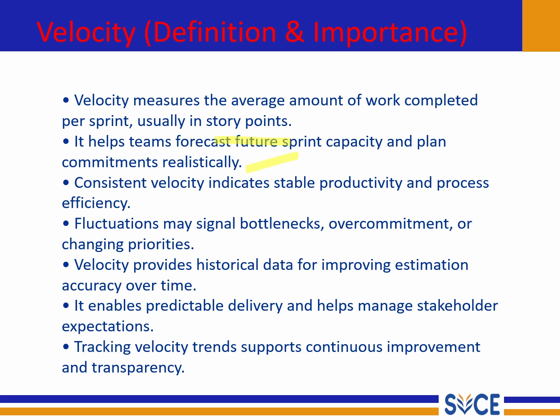When a team's velocity remains consistent over several sprints, it shows stable productivity and an efficient process. But if we see fluctuations like a sudden drop or sharp increase, it might indicate bottlenecks, overcommitment, or changing priorities.